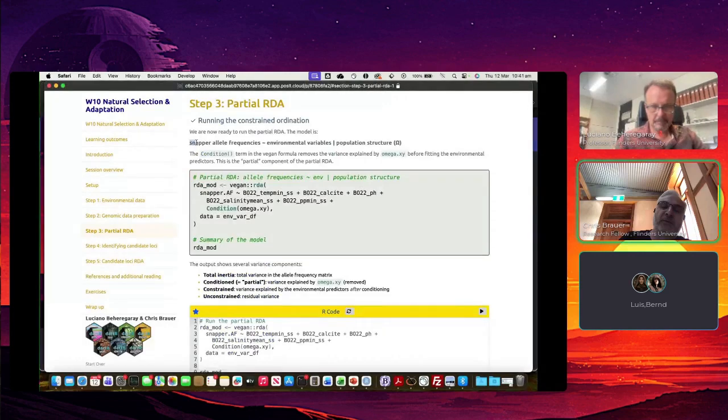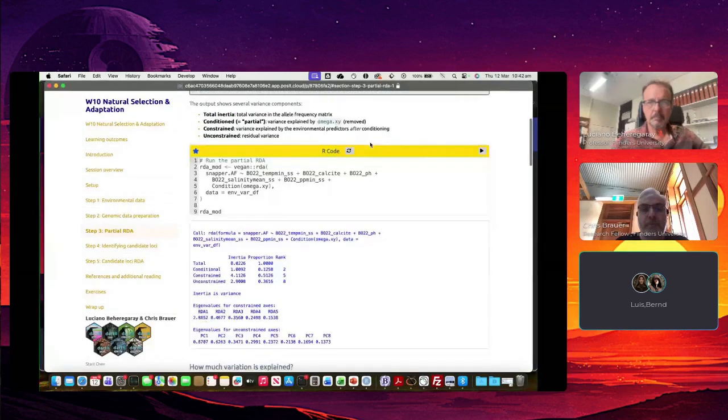The basic model is essentially your genomic data, and your environmental variables, and then conditioning or controlling for your model of population structure, in this case the omega matrix, or the allele frequency covariance matrix.